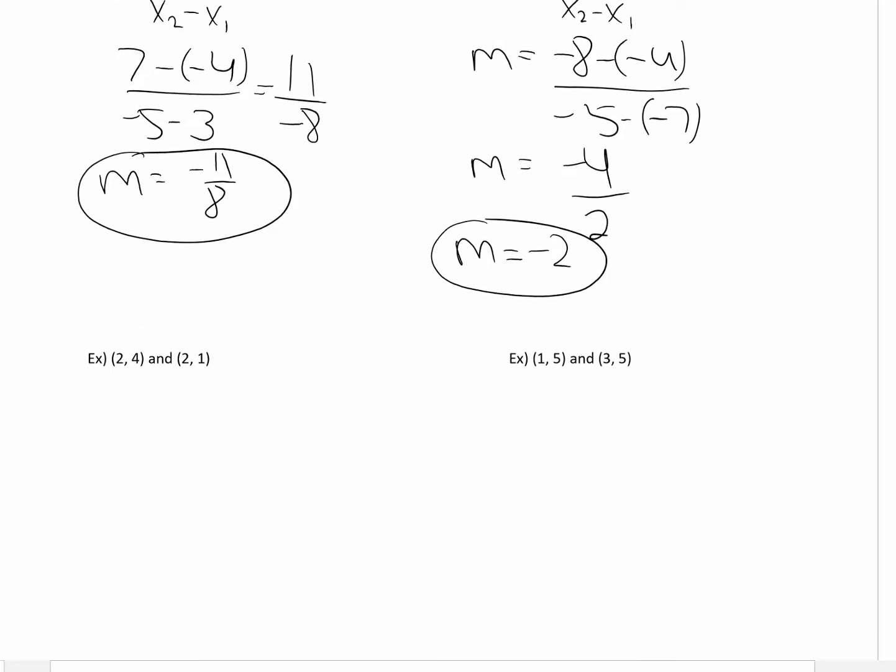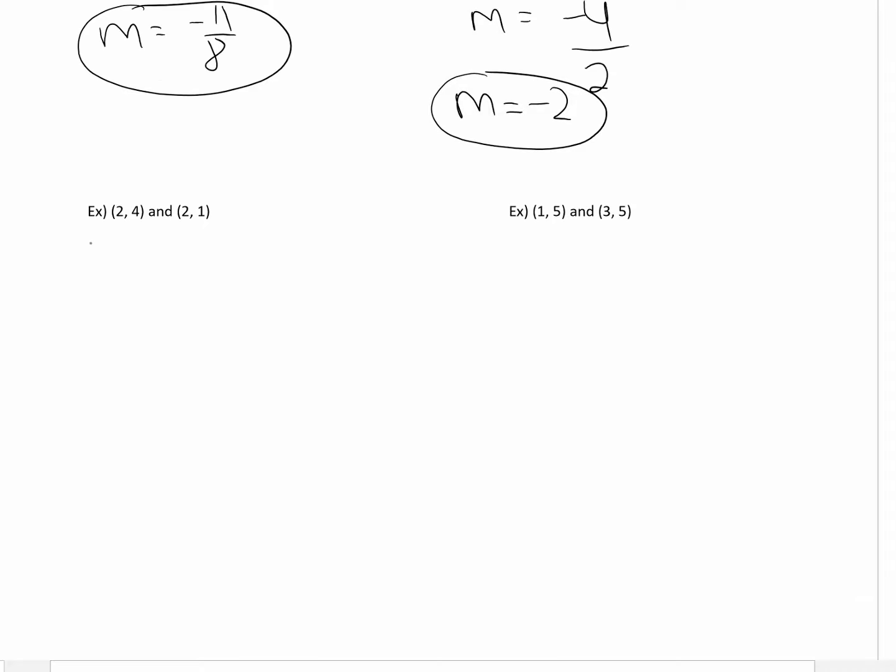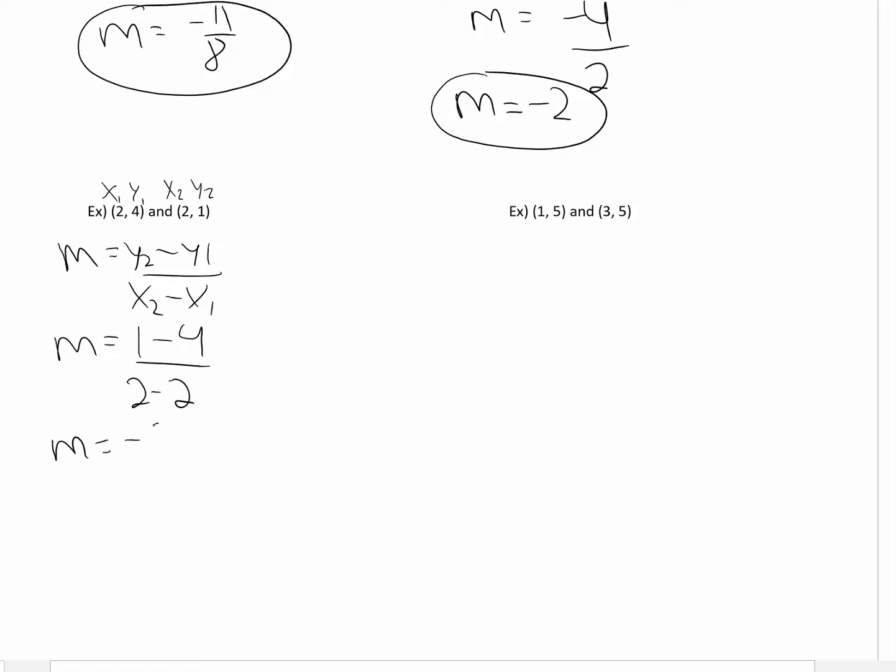Okay, let's take a look at the next example then. So the slope formula again, y2 minus y1 over x2 minus x1. So that's 1 minus 4, over 2 minus 2. That is negative 3 over 0.